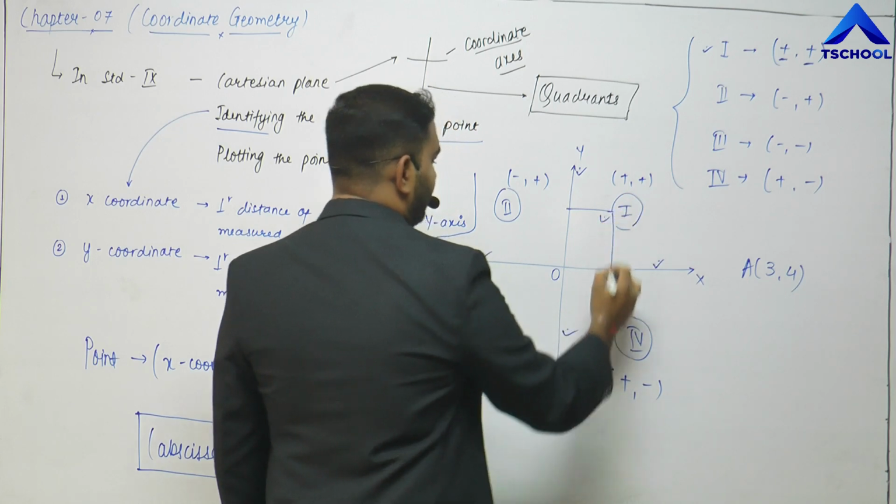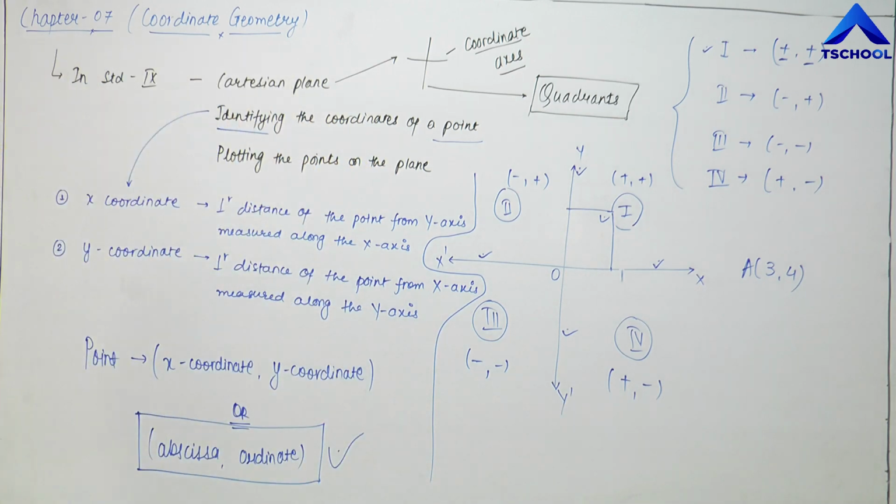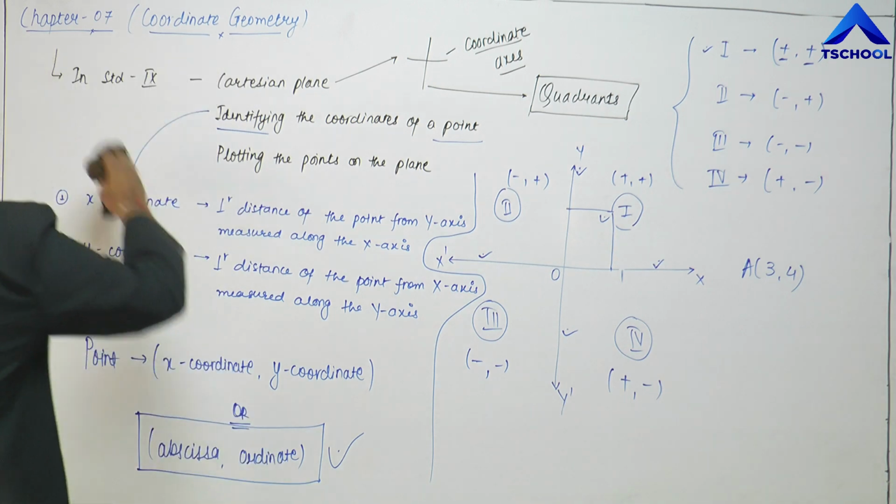This is our required point. Like this you can plot a point on the plane. Is this thing clear? So that was the brief description that we have studied clearly in the 9th standard, chapter number 3. Is it clear, friends? Okay.